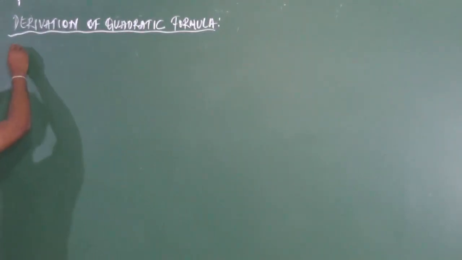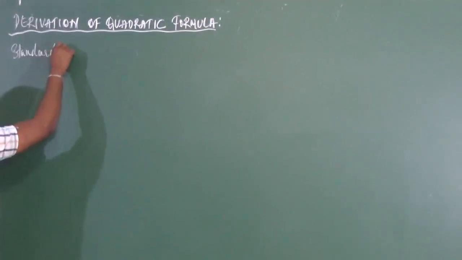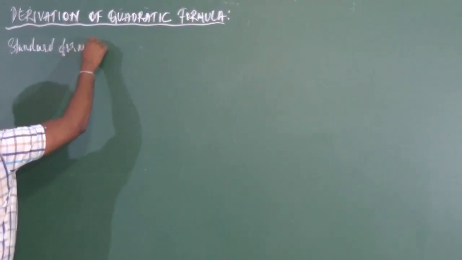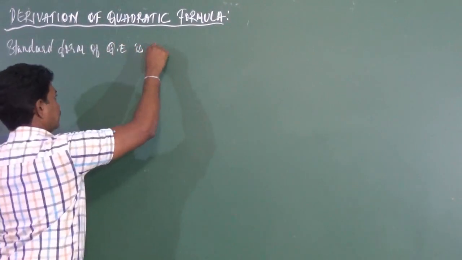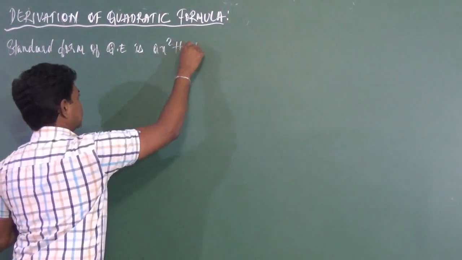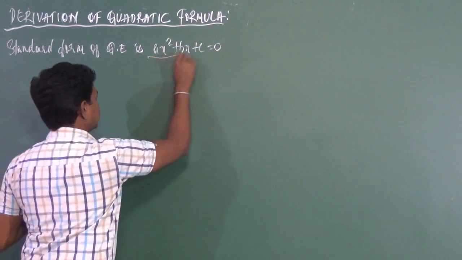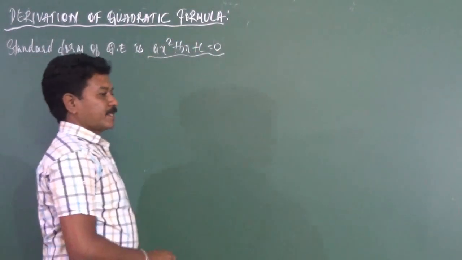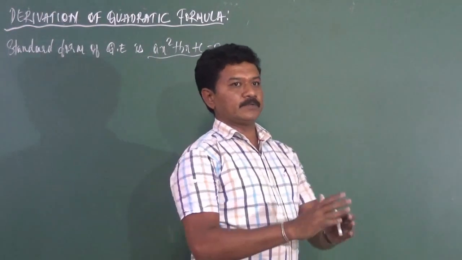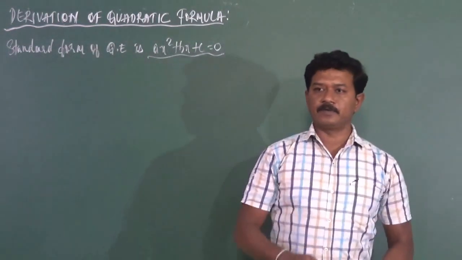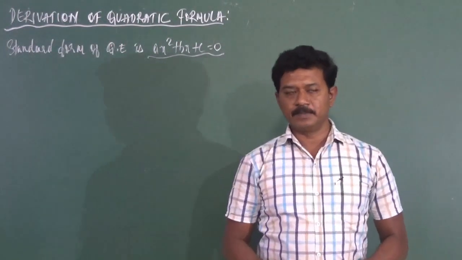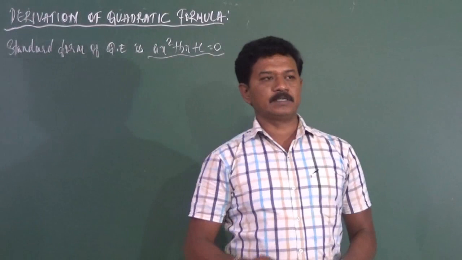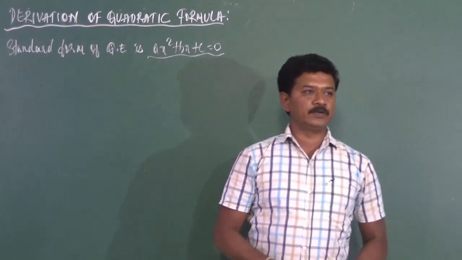So here, the standard form of quadratic equation we will take. The standard form of a quadratic equation is ax square plus bx plus c is equal to 0. This is a quadratic equation, that is, we say that it is a standard form of a quadratic equation where a, b and c are real numbers. Compulsorily a, b and c are real numbers, where a is not equal to 0, right?